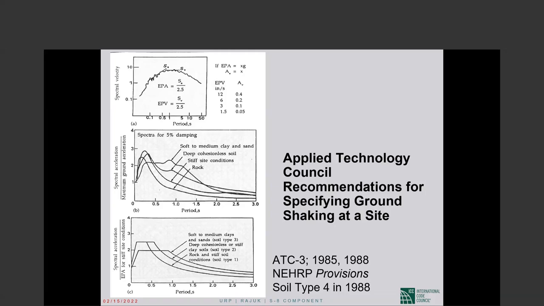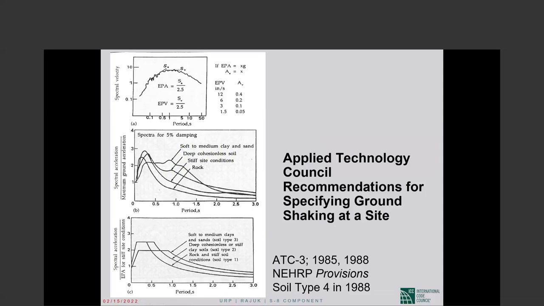But back when Professor Seed did this work, there were roughly 30 strong motion accelerograms on rock, roughly 30 on what he calls stiff site conditions, not quite rock, another 30 or so on deep cohesionless soil, and just about 15 on soft to medium clay and sand.